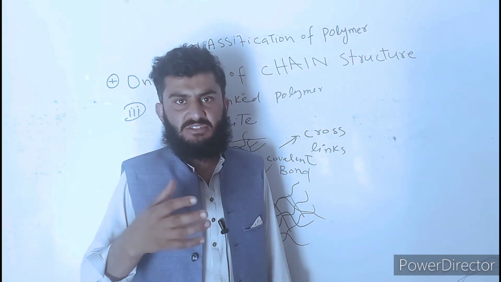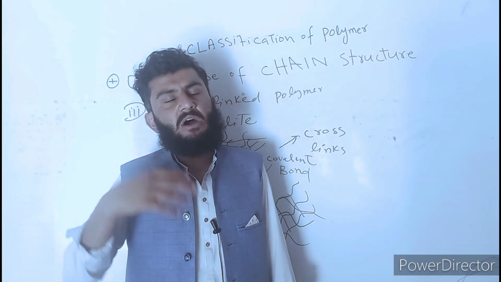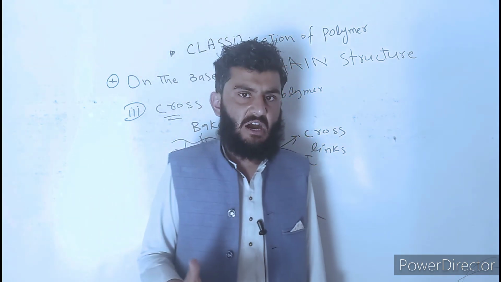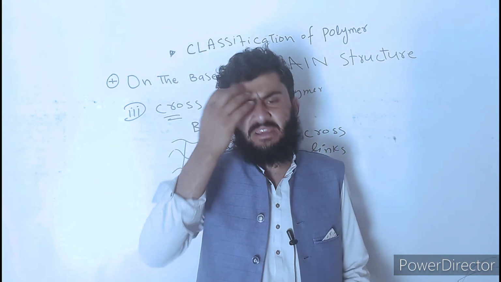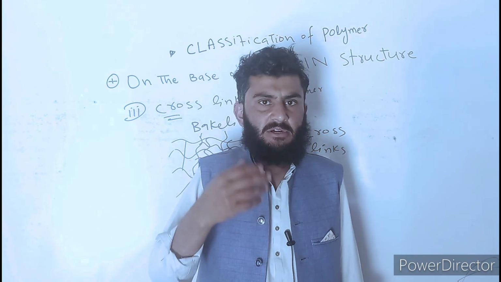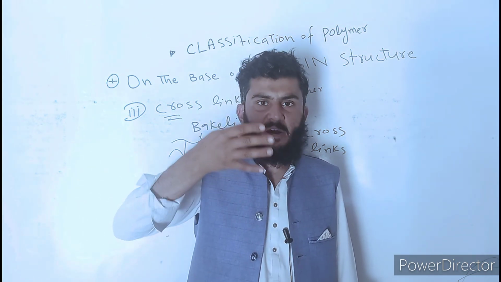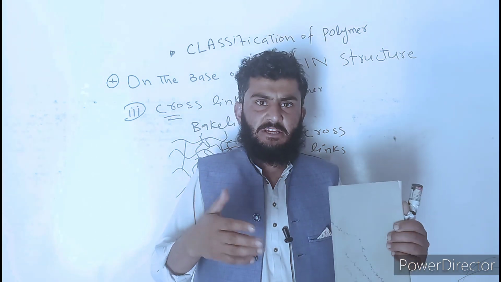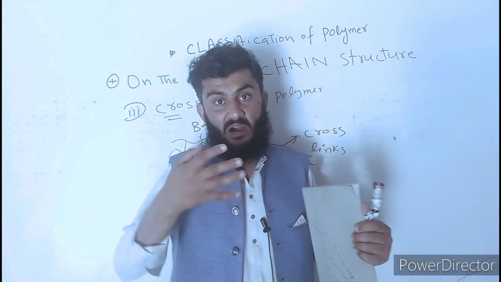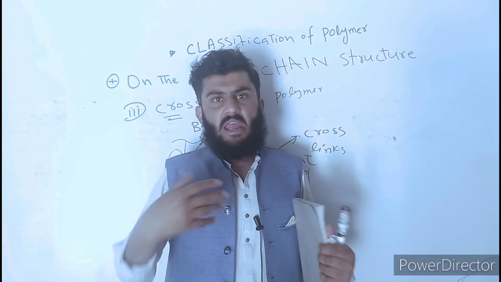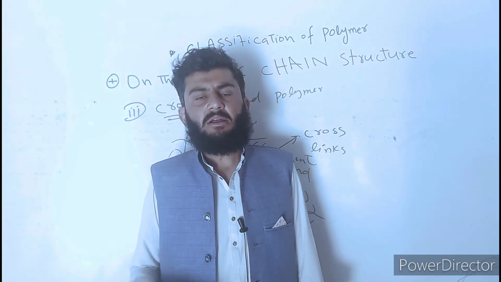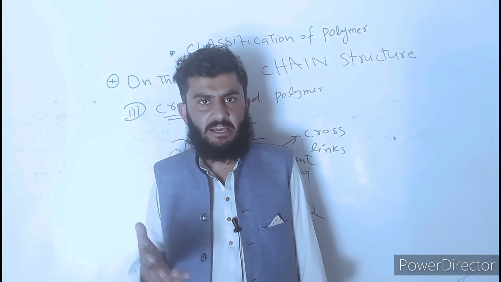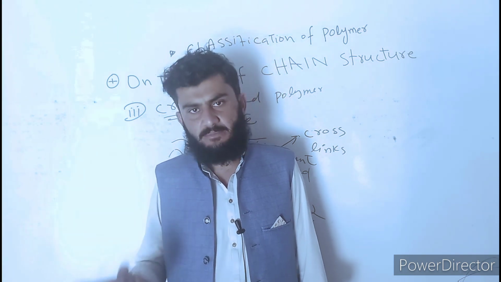Their tensile strength and rigidity are very high, and we cannot give a melting point for such a polymer which has cross-links, because on heating it becomes harder and harder. We cannot melt them. If we increase the heat, they will degrade, not melt.